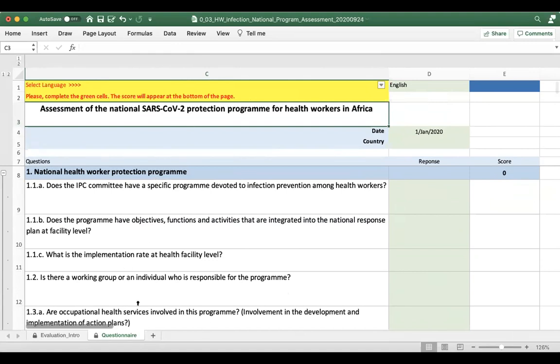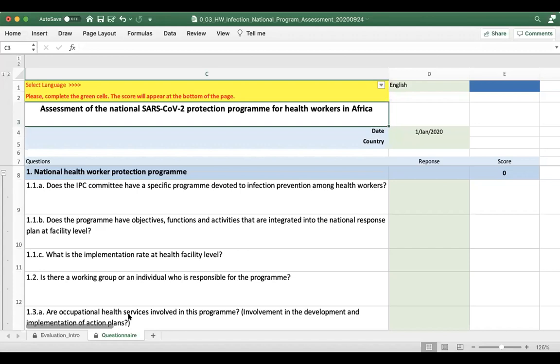But all countries will not have to use all activities proposed, because each country will have to prioritize and to use only what they can do. But I can already give priorities.